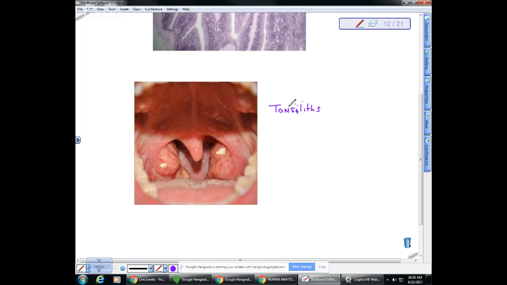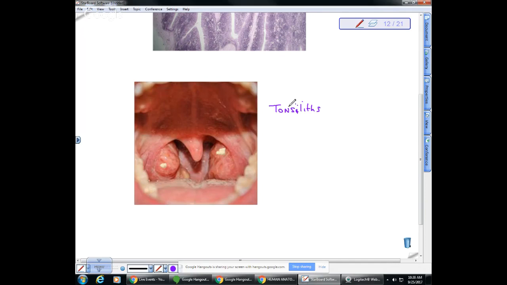Eventually it got so bad that her tonsils always looked like this, which causes pain, bleeding, and discomfort. So you have them removed. That's a common reason people get their tonsils removed: they have either a chronic infection that their body cannot fight off in the tonsils, or they get stones in the tonsils.